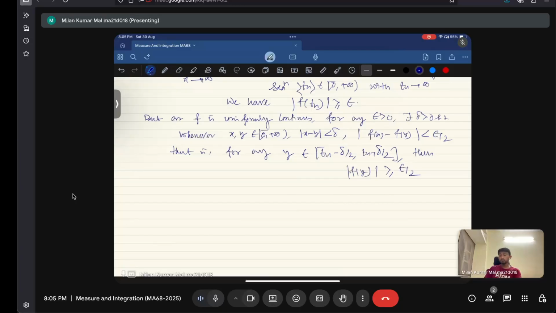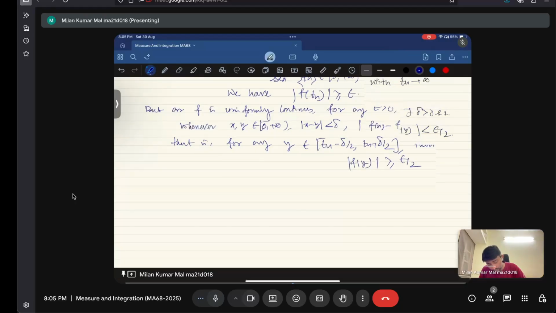And this is true for every n belonging to the natural numbers.